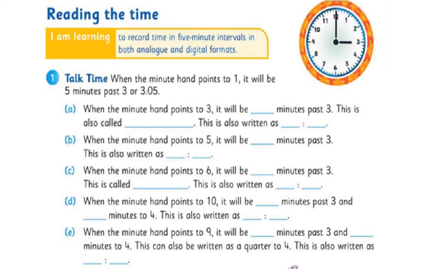So let's see. 5, 10. So what will it be? Remember the intervals we're going in. This is also called, so how many minutes past 3, and it's also written as, so you'll see you're writing it as a digital clock. So what you're practicing here is recording the time.